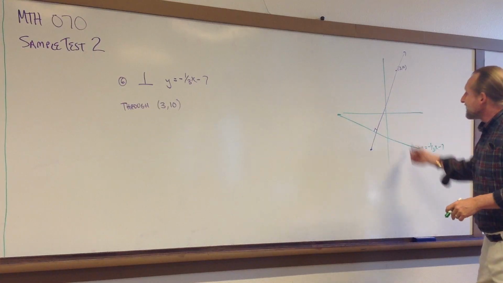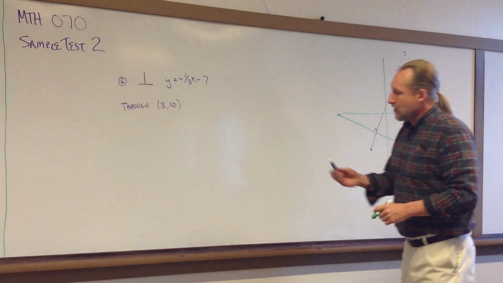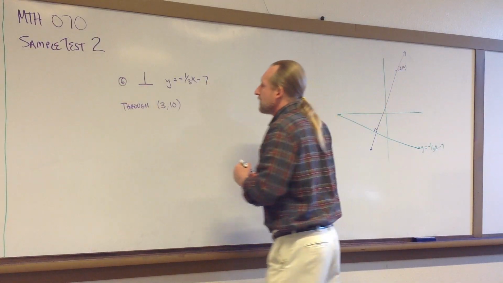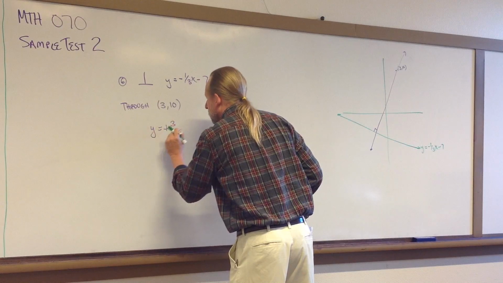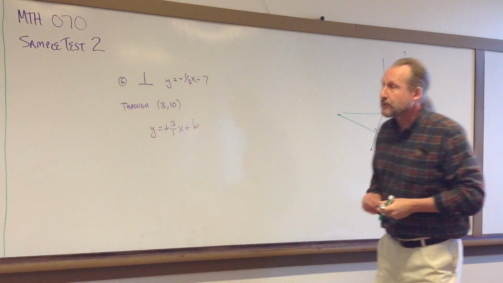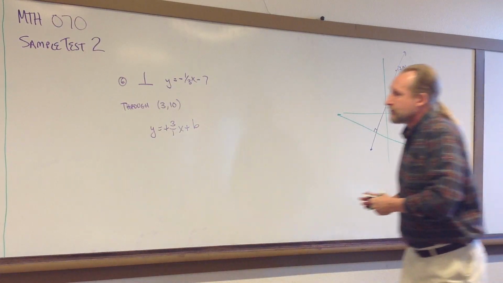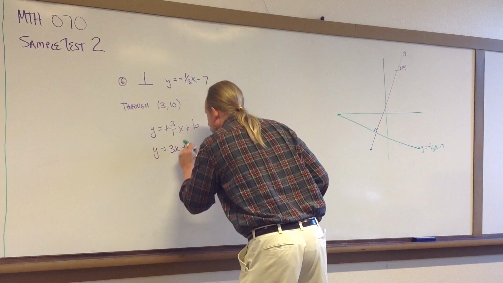Now, with perpendicular lines, their slopes are negative reciprocals. So if the slope for this one is -1/3, the slope of the line that we're interested in, the purple line, is going to be +3/1, or just 3. We can call this just y equals 3x plus b.